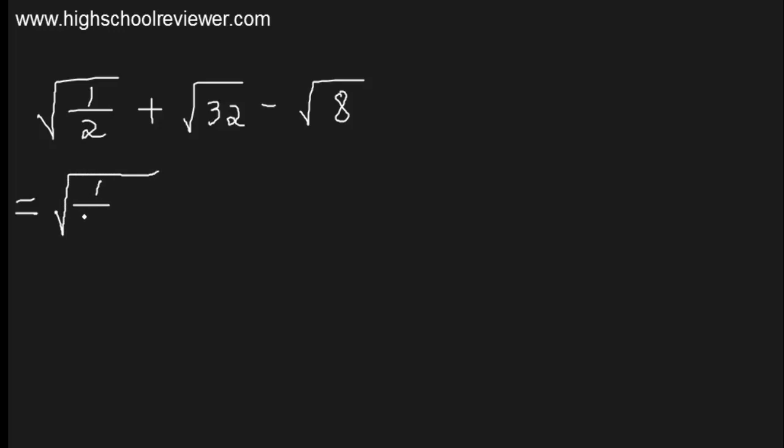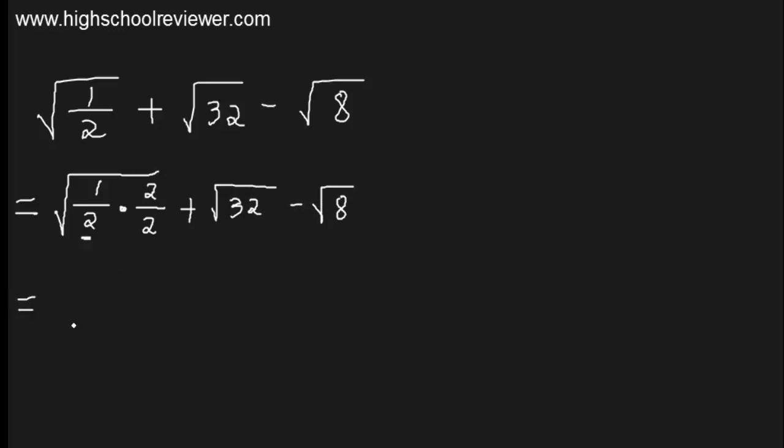So this will be 1/2, and then we will multiply this by a fraction. The numerator and the denominator would be the same as our denominator. So we are going to multiply 1/2 by 2 over 2 plus square root of 32 minus square root of 8. So later we will touch square root of 32 and square root of 8.